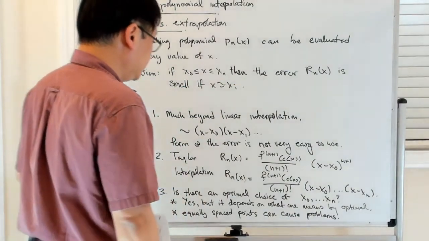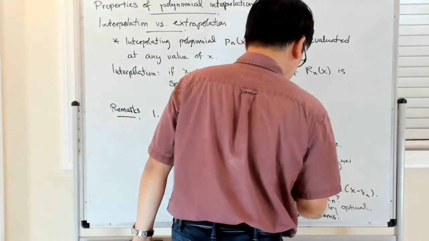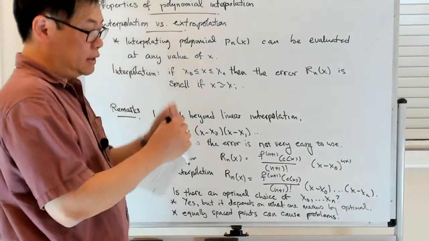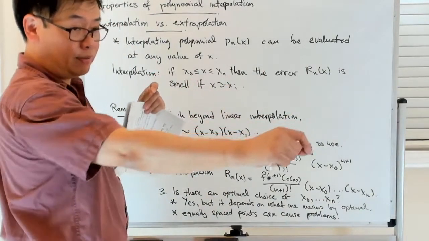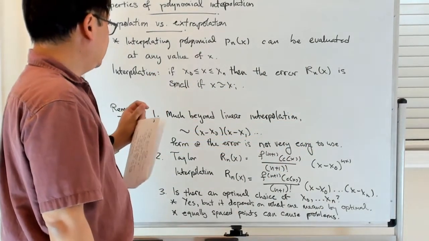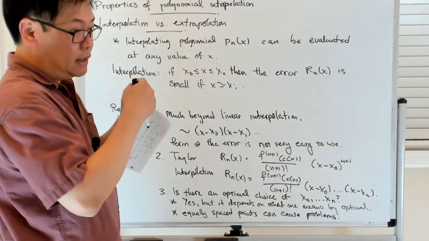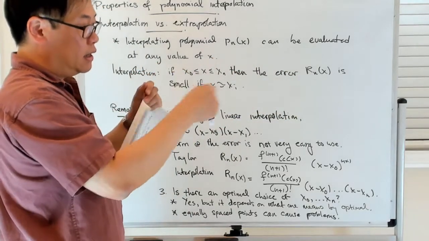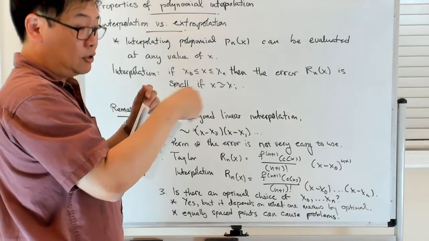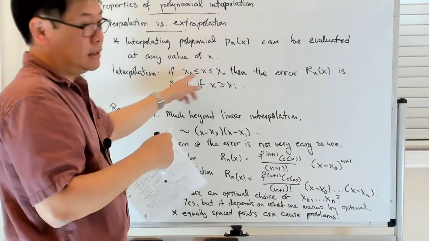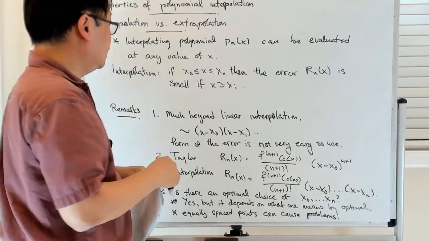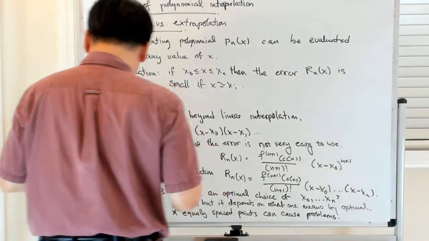If you think about this term, it's basically the product of the distances from where you evaluated to all the data points. So if x is somewhere in that interval from x0 to xn, then hopefully x is close to at least one of these points, and so the error is going to be small.